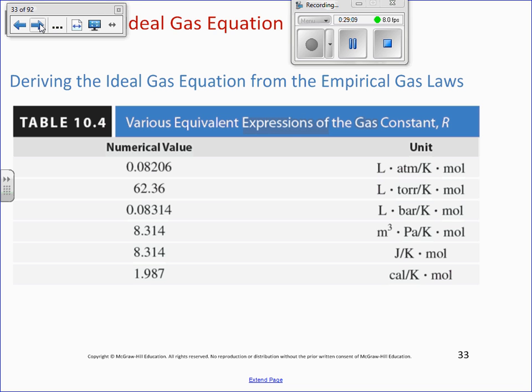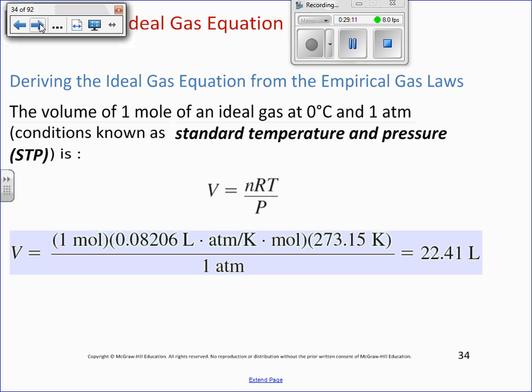The volume of 1 mole of an ideal gas at 0 degrees Celsius and 1 atmosphere, that's known as the standard temperature and pressure, STP. 0 degrees Celsius, 1 atmosphere of pressure. The volume turns out to be 22.41 liters.